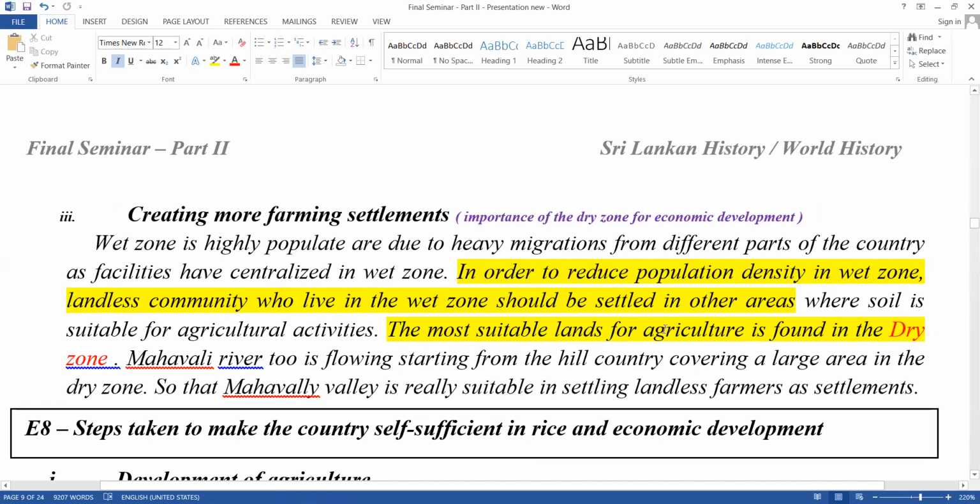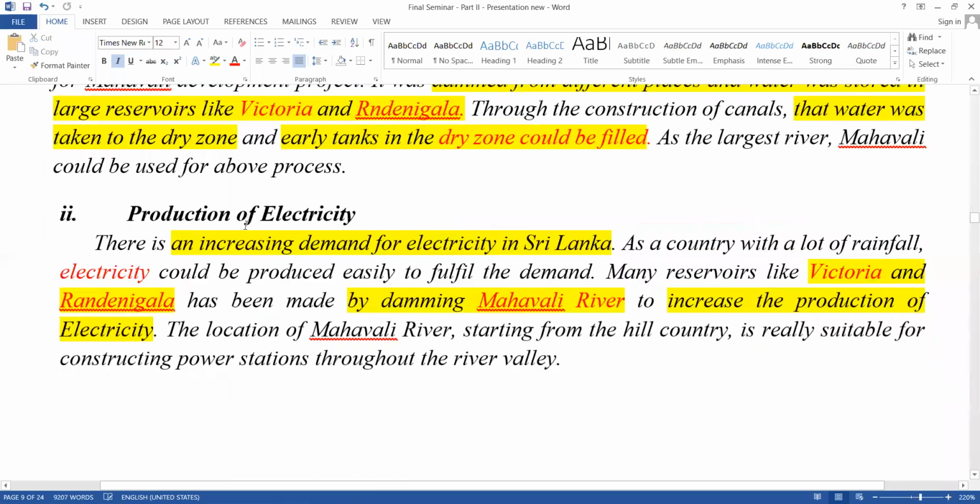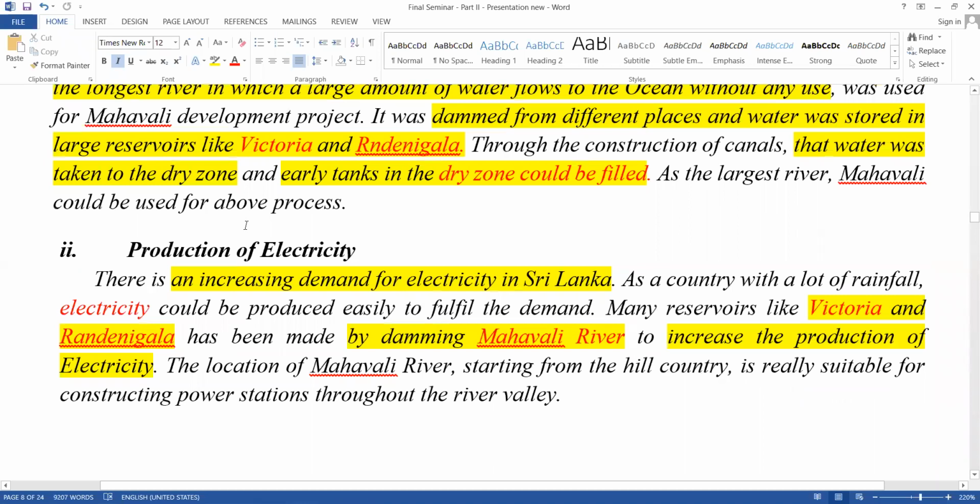The more suitable land for agriculture is found in the dry zone. So it was suitable for economic development. So, farming settlements, the Mahaweli development project and multipurpose development projects.